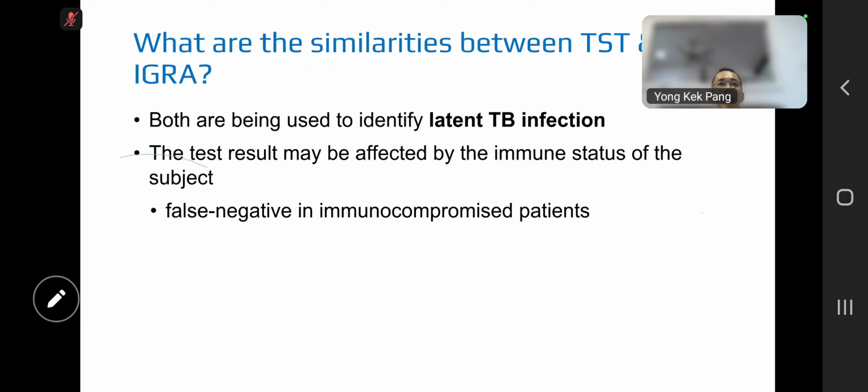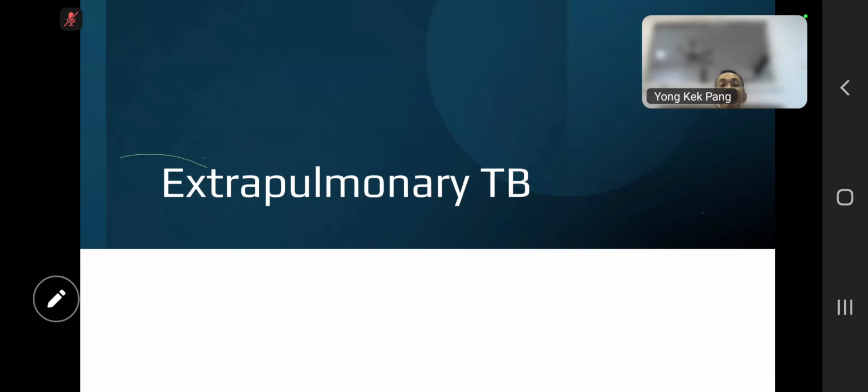If the patient cannot mount sufficient immunity against the tuberculin, it is also quite likely that it does not mount sufficient immune response to the TB antigen that is tested outside the body. Okay, how do you interpret the TST and IGRA? That one, again, you can go back and recollect what you learned from this lecture.